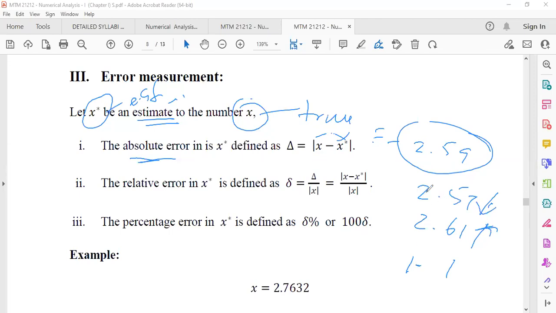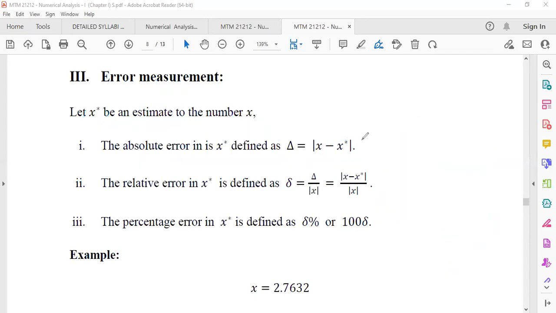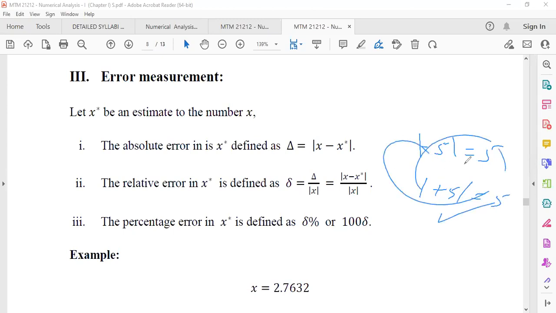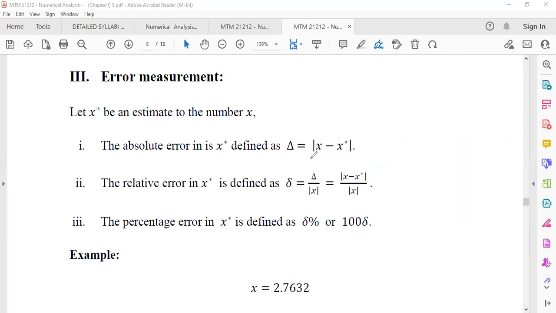If it is this minus this, it will be positive; the other way, negative. But we need the value only, not the plus or minus, so they use the absolute value, the modulus. Minus 5 means 5, and plus 5 also 5. Everything comes as positive. The error can be plus or minus, so that's why they use the absolute notation.